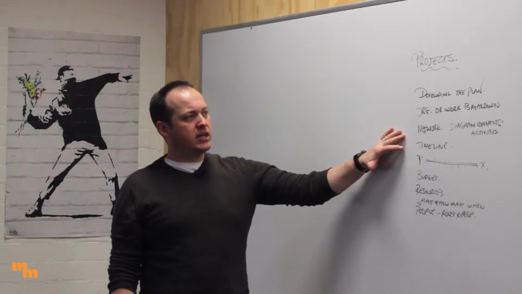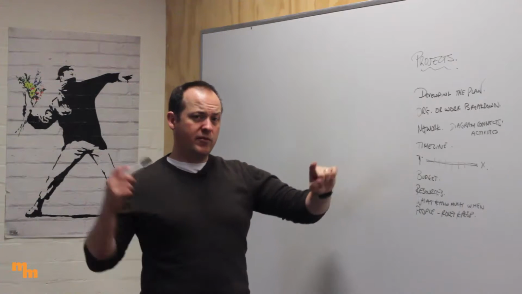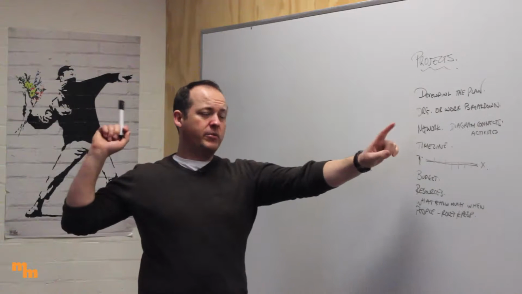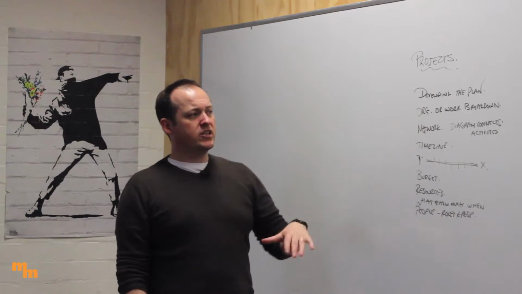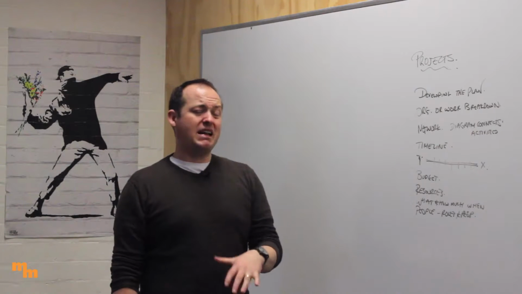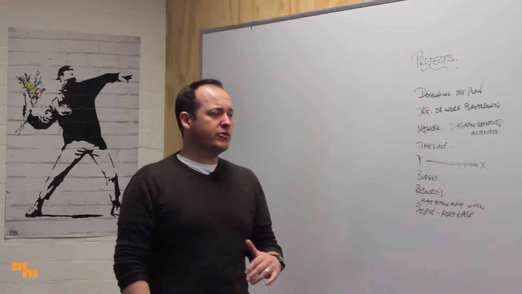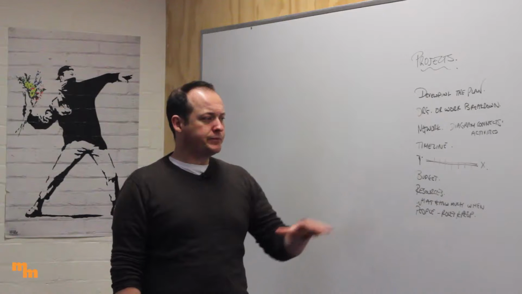To connect that together, I've got my key timeline. I might have my project timeline, which is the big picture, so day 1 to day 50 or however many days it is, and each one of these things will have its own little timeline too. So I need to think about what each of these activities are and how long they're going to take, and make sure it's all mapped out against a timeline. And we'll talk about some different tools for doing that later, things like Gantt charts, etc. that really help.